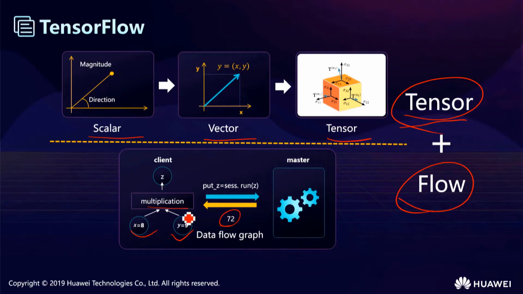That's the flow, and we will get the result. So in TensorFlow, we need to use functions and run z to calculate the result. That's the data flow graph. The basic data flow graph. The process from x, y to z is the flow.